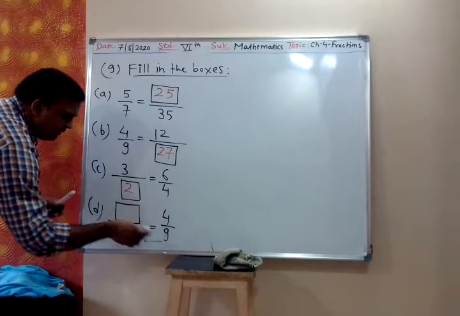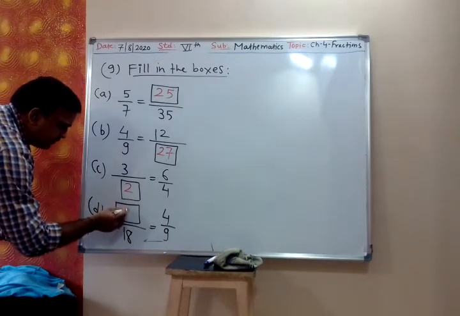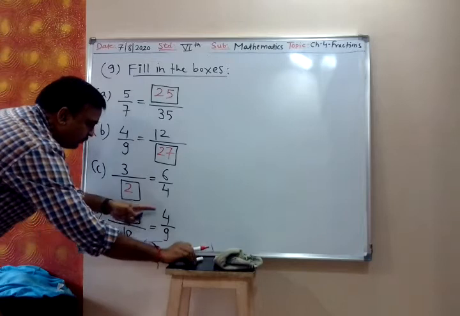So 4 you have to multiply by 2. So that is 8 upon 18. You have to multiply 4 by 2.